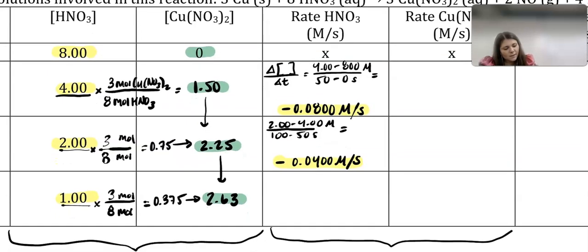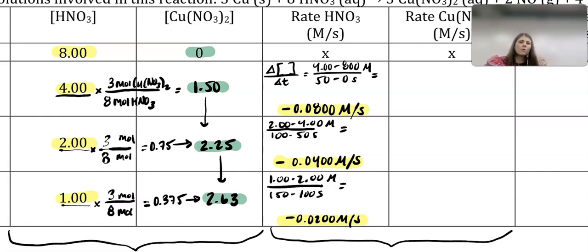And then lastly, we will do 1 minus 2 divided by 150 minus 100 seconds. Here you get negative 0.0200 molarity per second. So again, what this value that we just got tells us is how much concentration is being consumed or disappearing per 1 second, okay?